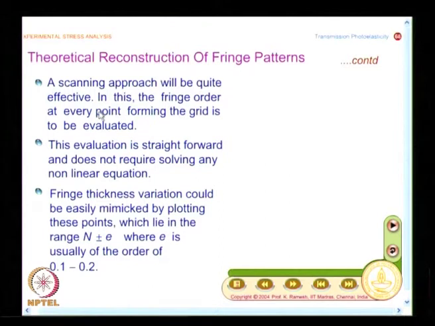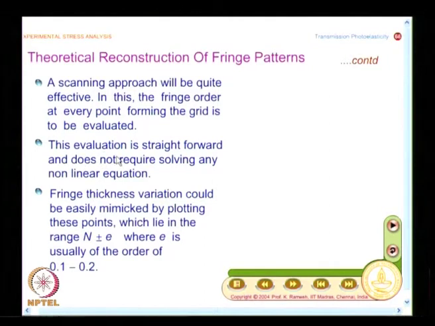Fringe order at every point forming the grid is to be evaluated, and you and I cannot do that calculation by hand. Scanning approach is not the right way for us to do. It would be boring and time consuming. After 2-3 calculations, you will say forget about it. A computer will not do that, and it will faithfully follow what you say.